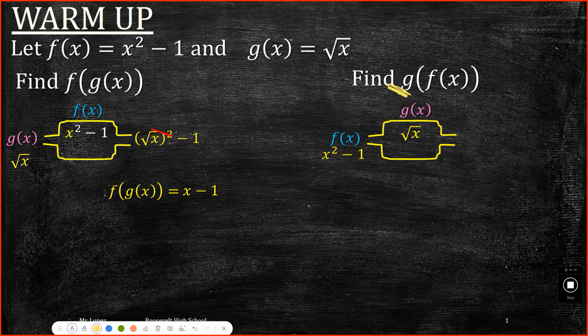And for every x, you're going to substitute in x squared minus 1. So we're going to have what? Square root of x squared minus 1. And that is g composite f of x.